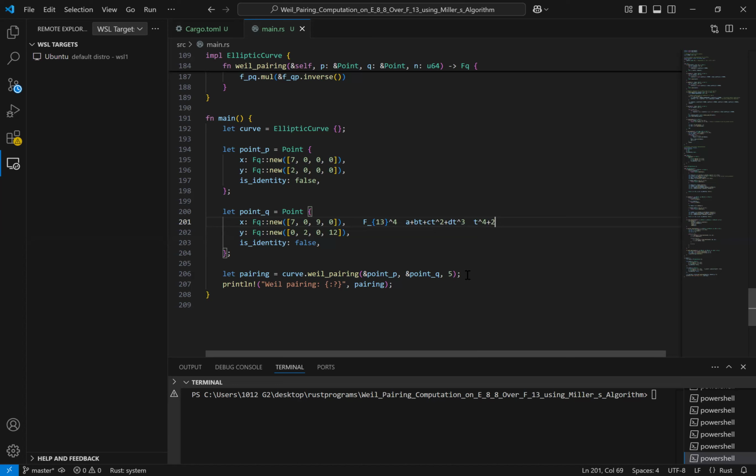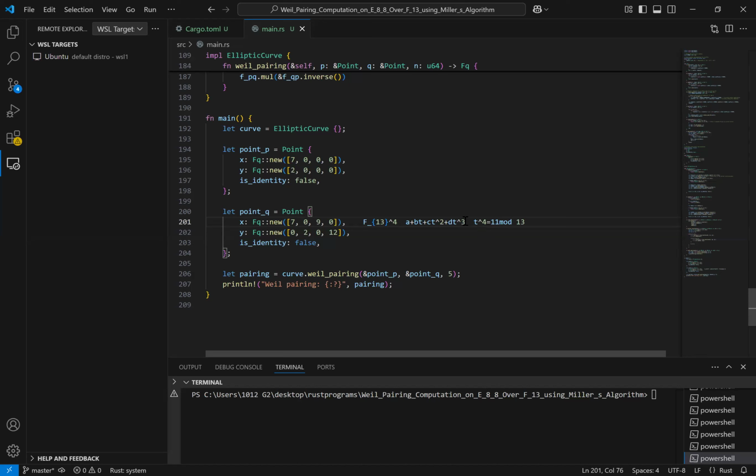If I take the 2 to the other side of the equal sign, I will have t raised to 4 is -2, which mod 13 is 11.